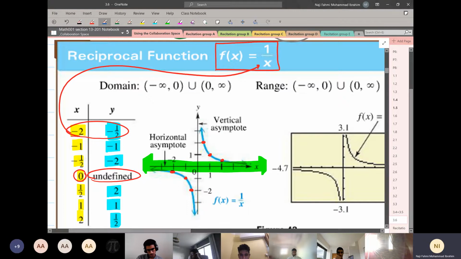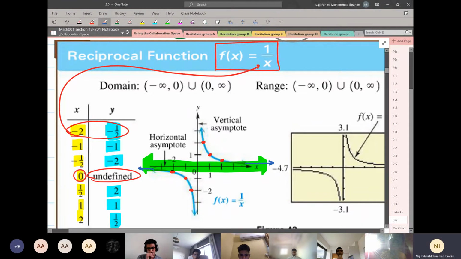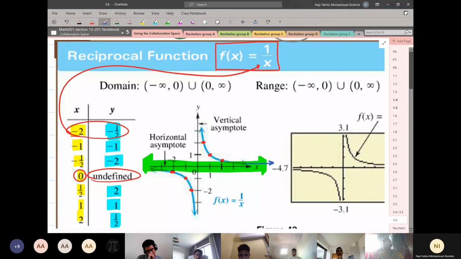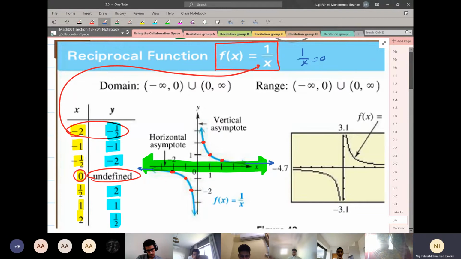If we extend the curve, does it intersect the horizontal line, which is y equals 0, or not? My question is, can the value of 1 over x be 0? No. So this means my curve will not intersect this horizontal line, but it will keep getting closer and closer.